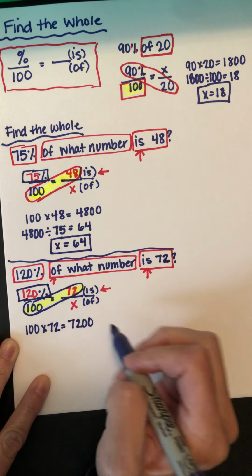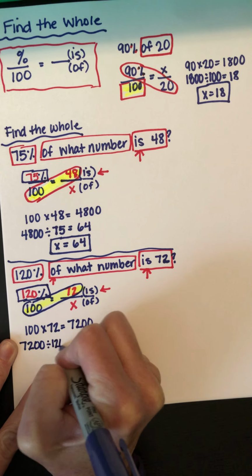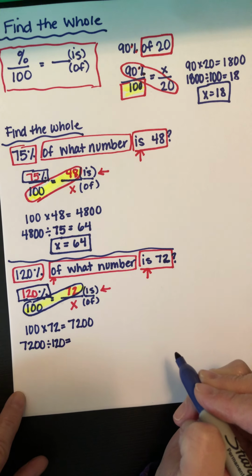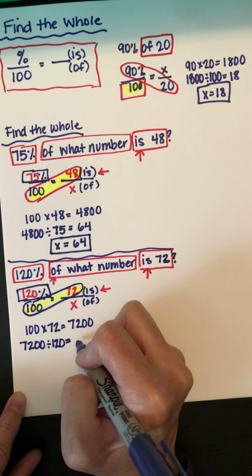I can't divide by x because I don't know it. So 7,200 divided by 120. And again, you can use a calculator if you need to. 7,200 divided by 120 is 60. So my x equals 60. So that is my of right there. And 60 is smaller than 72, so that looks about right. Again, make sure you pause if you need more time.